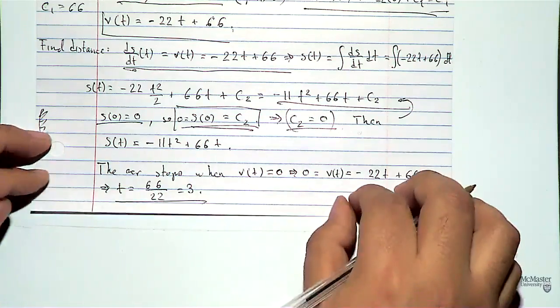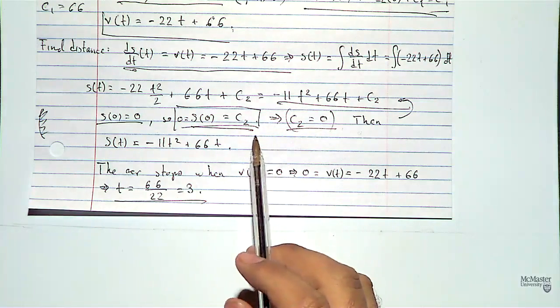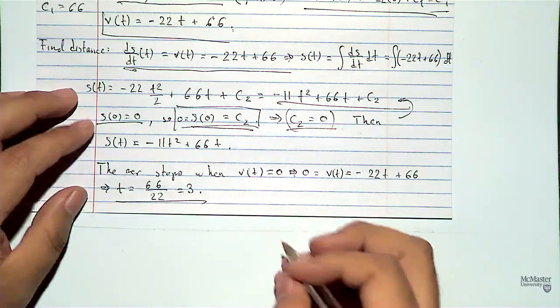So we know the time, that is part of the answer. The second part is in which position it stops. We need the time because we want to evaluate the position function. So the question is, how far has the car traveled up until it stops? I cannot solve that without finding the time at which it stops, which is why I'm using the equation for the velocity. Once I know this time, I plug it into the position.